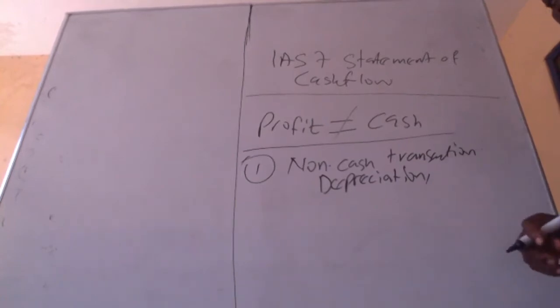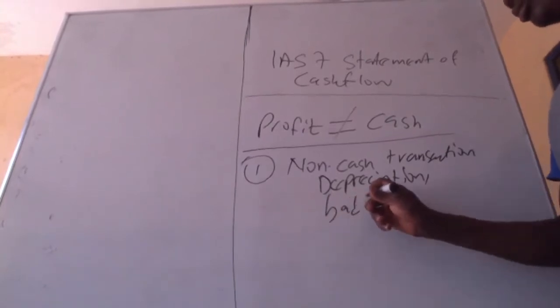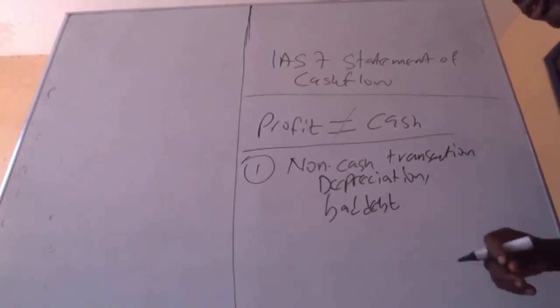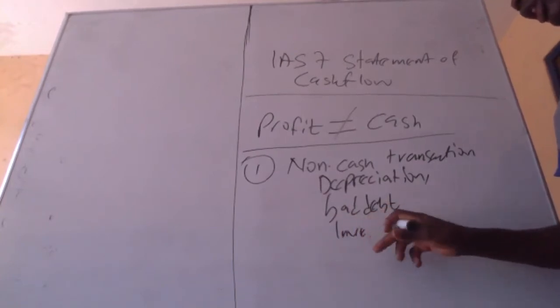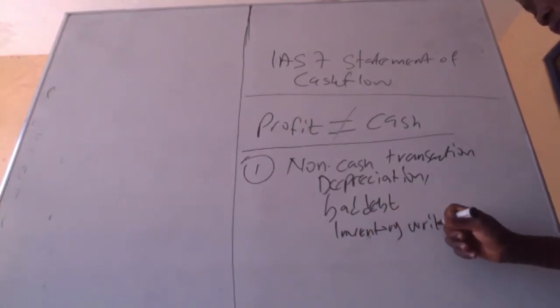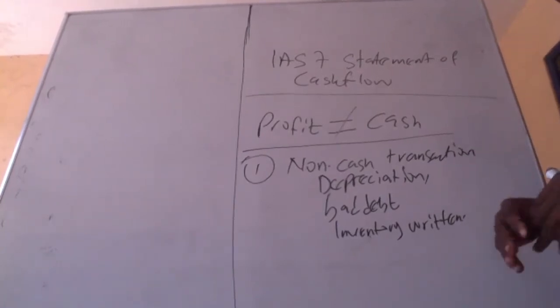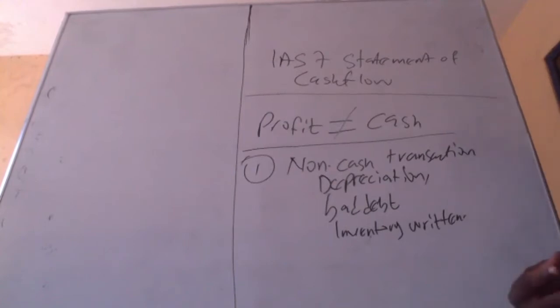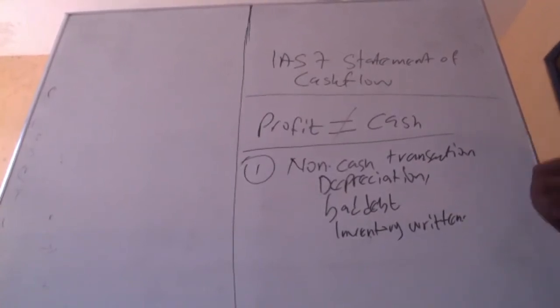Other examples are bad debts and inventory written down. When we saw the preparation of the financial statement, if part of your inventory is written down, that is an expense that we have not probably paid for; it does not have cash effect, or cash has not yet moved.